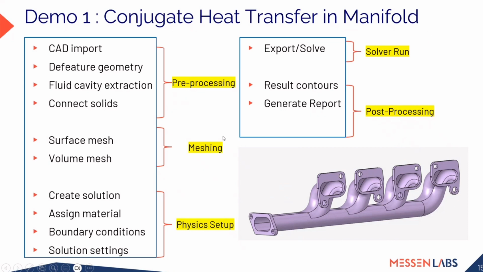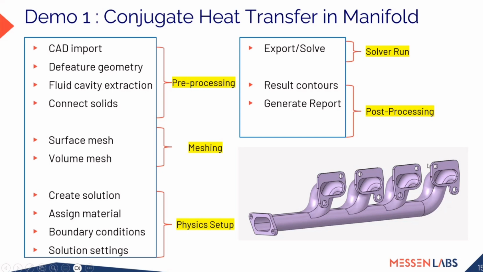Just like we discussed in the earlier slides, we have pre-processing, we need to do meshing, we need to do the physics setup, we need to do the solver run, we need to submit the job to the solver and then do the post-processing. In pre-processing, we need to import. If there are any unwanted features of geometry, we need to remove them. That is what defeature geometry is. So here I'm going to remove these holes.